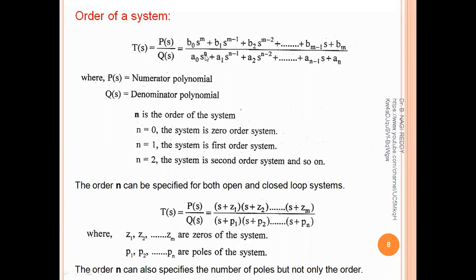With the maximum power of s, we can estimate the order of the system. And if we factorize the numerator polynomial and the denominator polynomial in this format, we can estimate the number of zeros and the number of poles that exist in that transfer function.